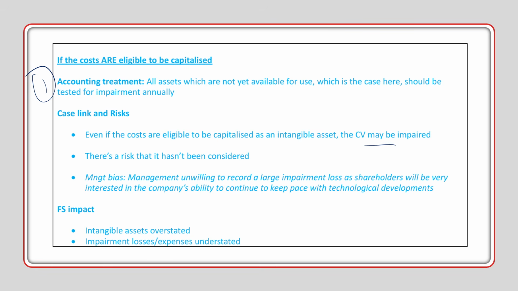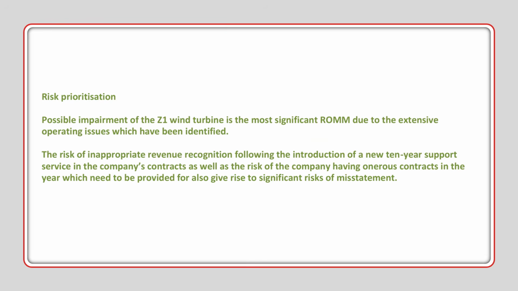So the carrying value may be impaired. There's a risk this has not been done, and because of that, your assets and profit could be overstated. Again, I have a valid reason for management bias: they might not want to record impairment because the shareholders would be very interested in how they're doing with the technological developments. So I'm giving a reason every single time.